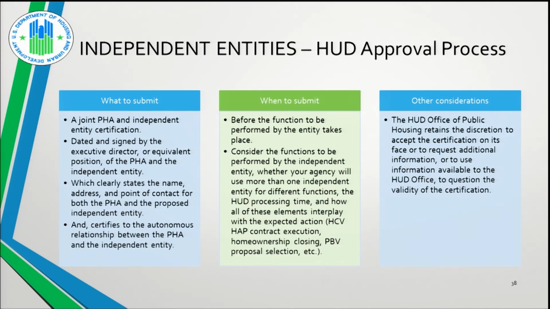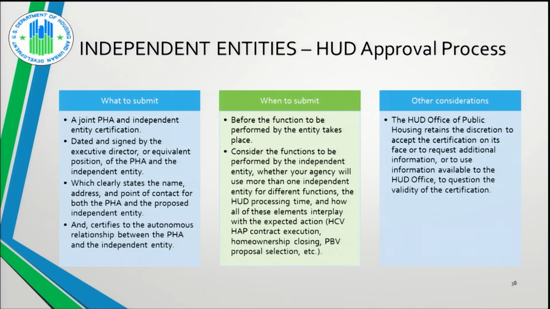For example, your agency may want to consider submitting an independent entity that will be conducting inspections for PVV PHA-owned projects early in the process to avoid any delays in the execution of the PVV HAP contract.